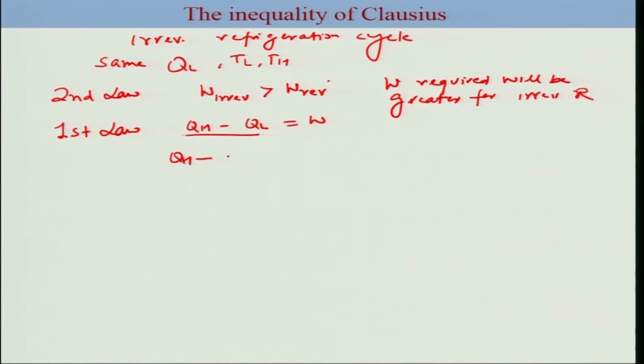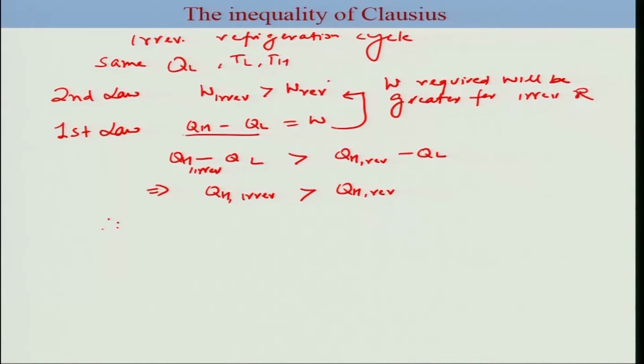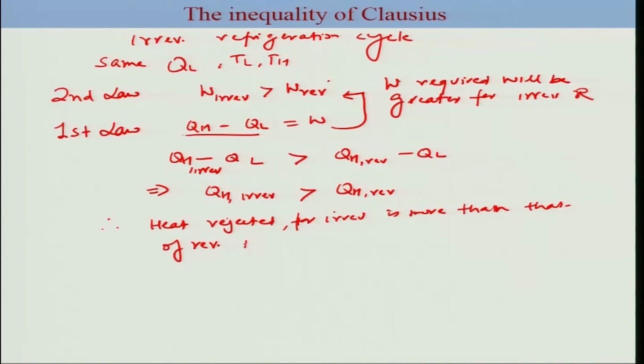So QH irreversible minus QL should be greater than QH reversible minus QL. Okay, so this essentially means QH irreversible is greater than QH reversible. So this tells you that the heat rejected for the case of the irreversible refrigerator cycle is more than that of the reversible refrigerator cycle.